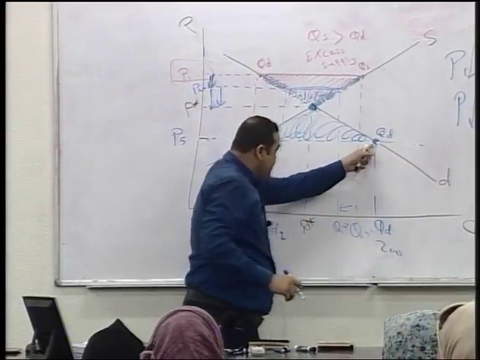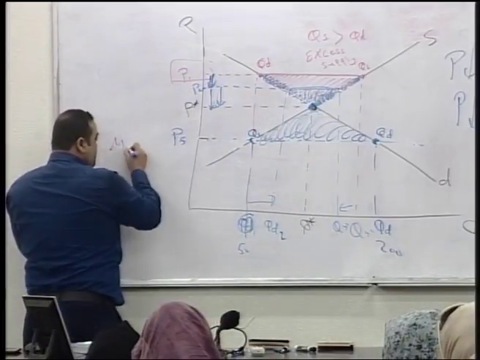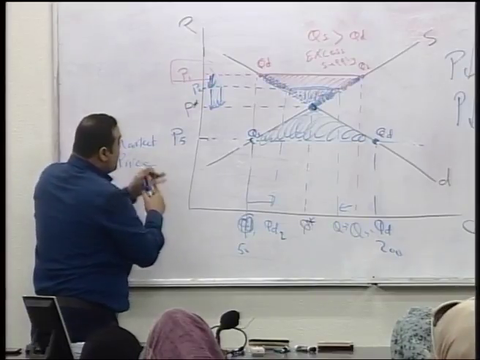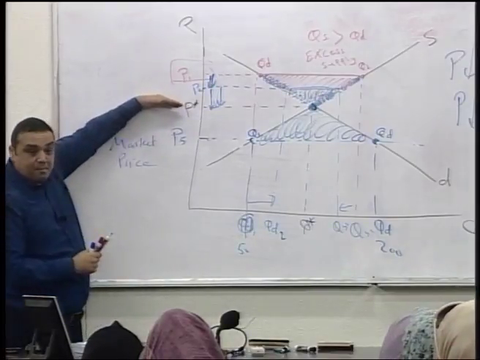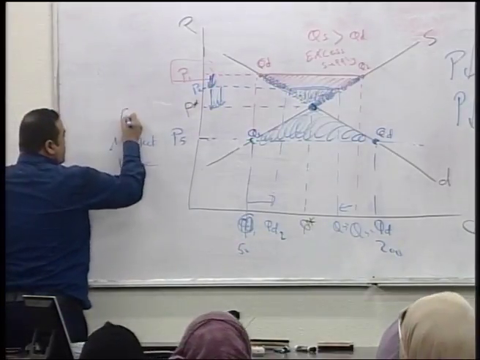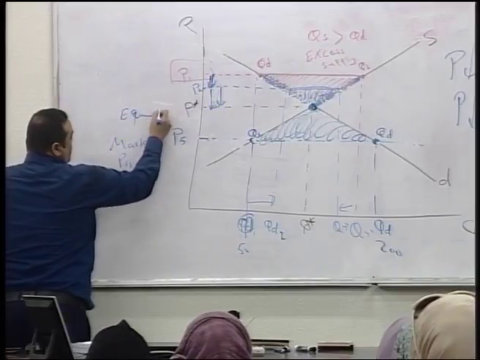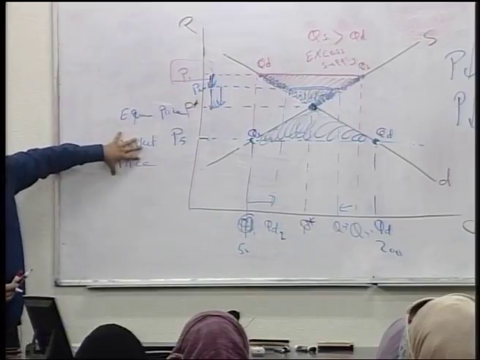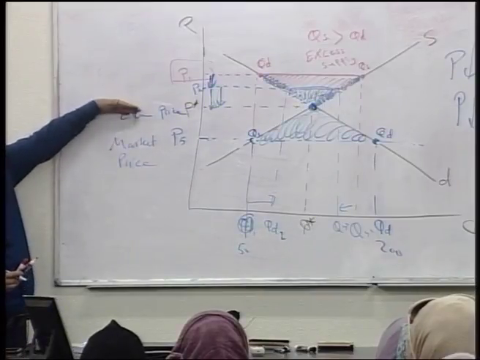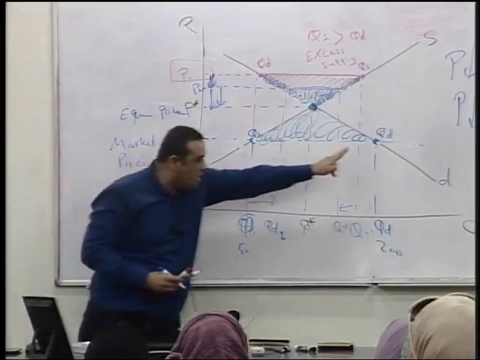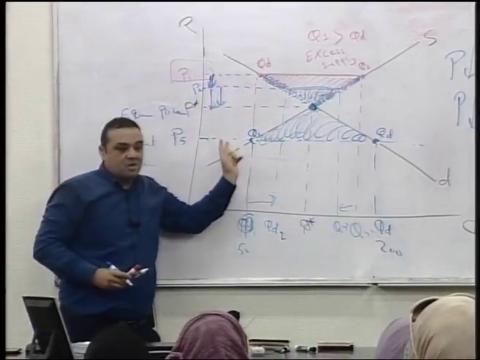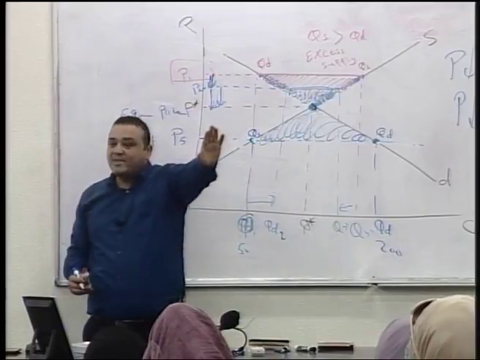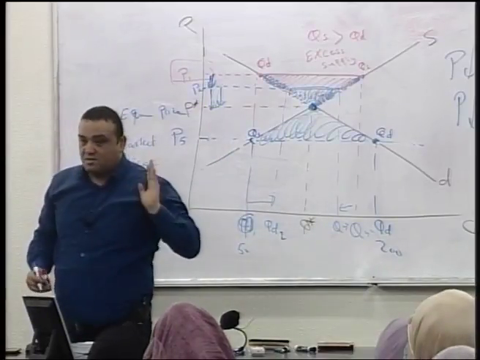So in this case, if the market price is below the equilibrium price, the quantity demanded is bigger than the quantity supplied. Here we have an excess demand or supply shortage.